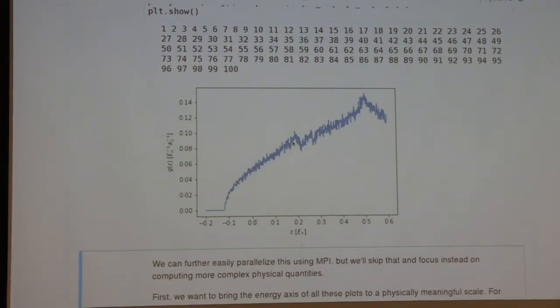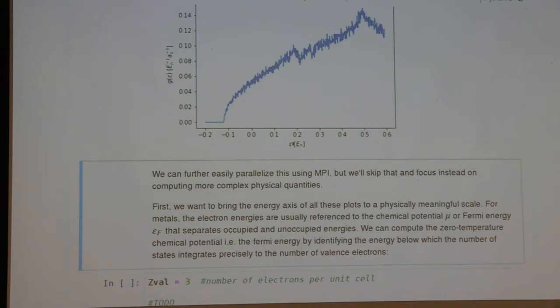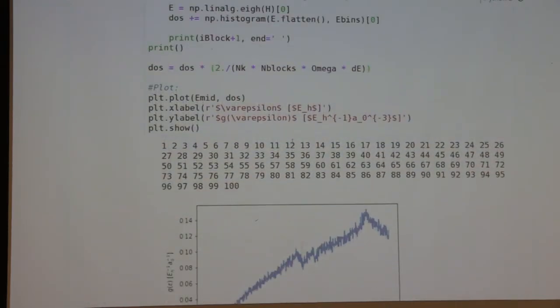Okay, so, because this is Monte Carlo sampling, this is easily parallelizable. You could use message passing interface, using MPI for Python or something like that, and parallelize this. We are not going to do that here because that will just unnecessarily make it harder to run, not so easy to work with in a notebook. So we'll stick with this non-parallelized version and we'll focus on making the physics of this more complex.